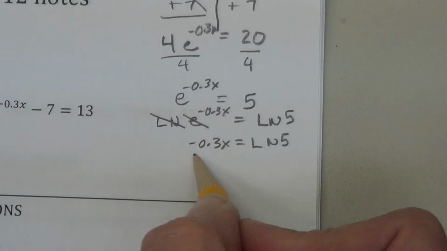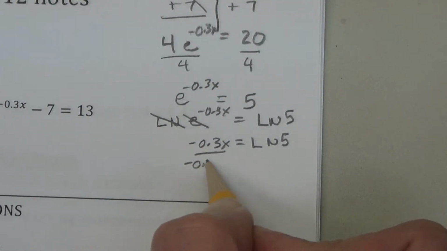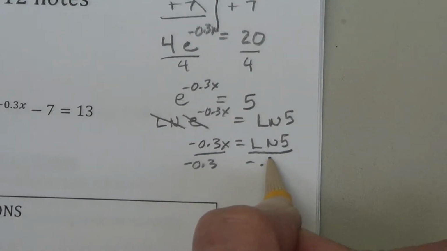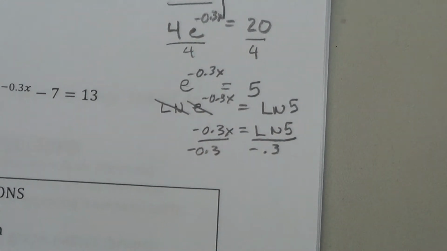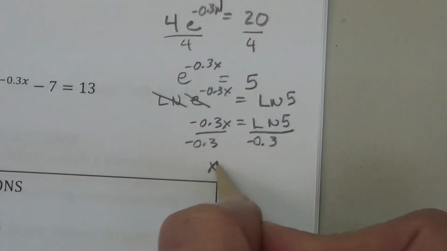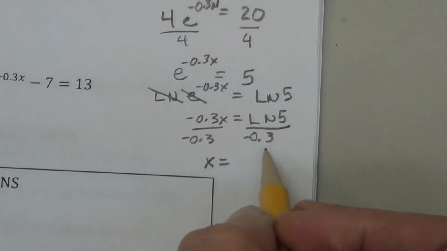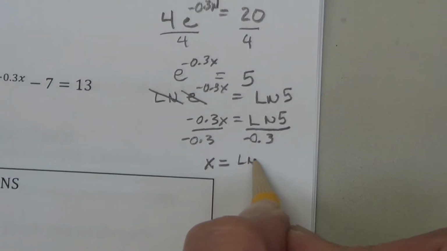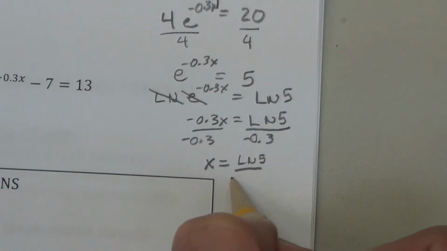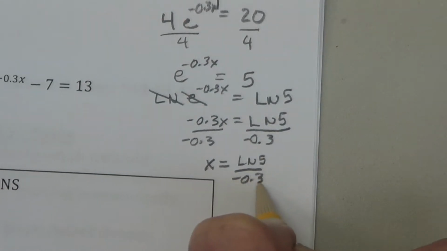To get the x alone, we'd divide by negative 0.3. What we do to one side, we have to do to the other. So we have x equals ln 5 divided by negative 0.3.